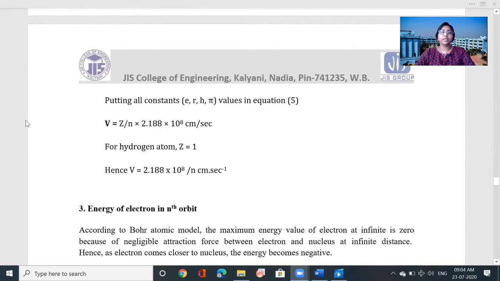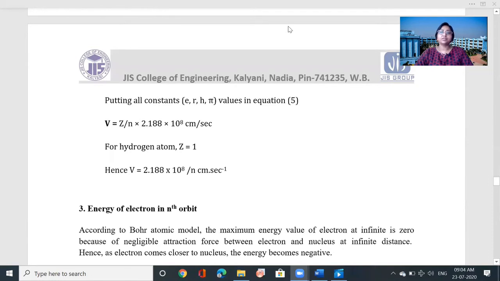So now putting all constants, whose values you already know from equation 5, you will get the value of v. So v is equal to Z by n into 2.188 into 10 to the power 8 centimeter per second. And you know very well that for hydrogen, Z is equal to 1.